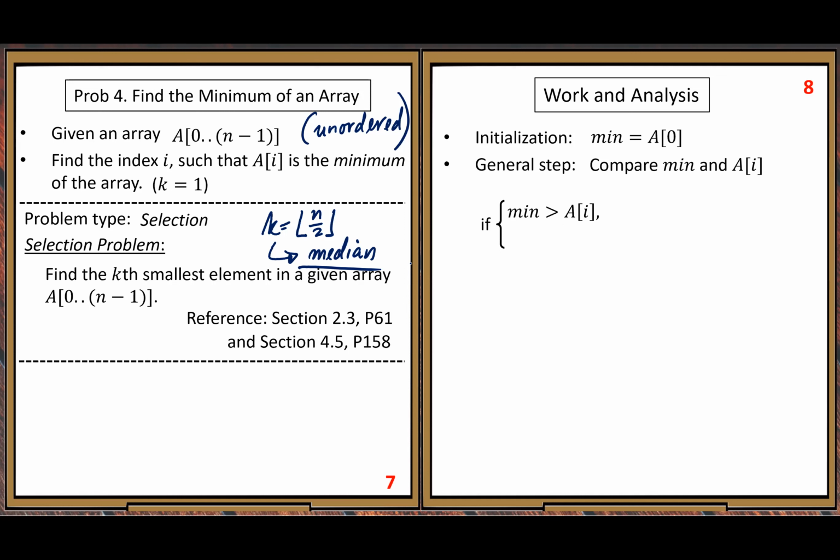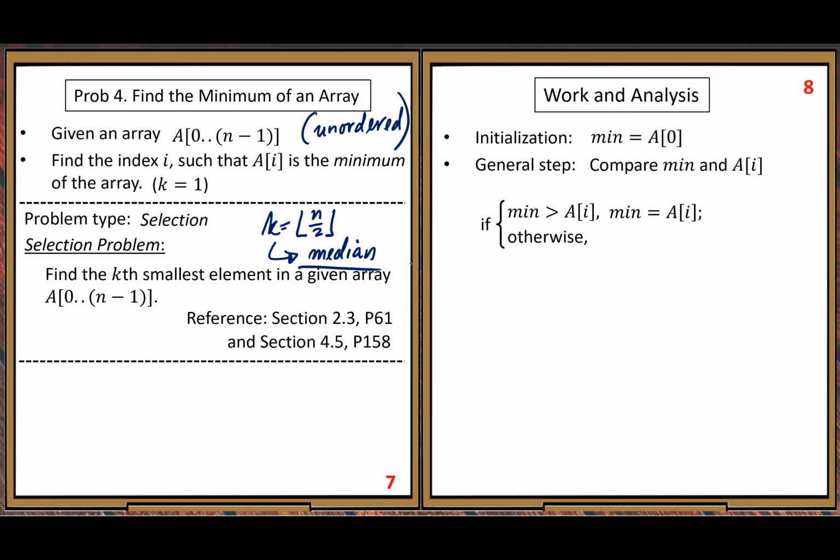So we replace the value of min by A of I. We do a new assignment: min equals A of I.